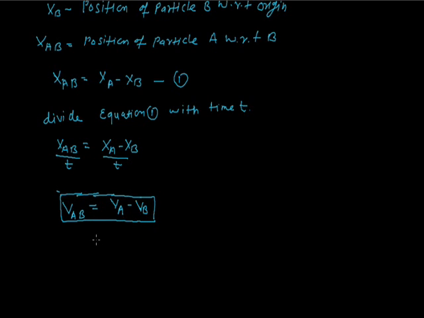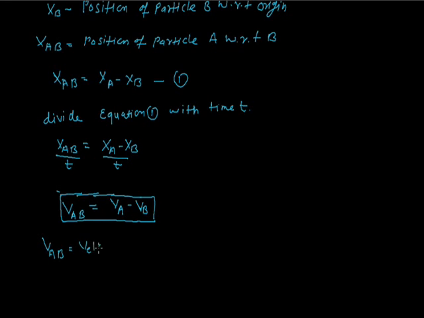So we get the formula: if we have to find the velocity of A with respect to B, it is defined as the velocity of A with respect to origin minus the velocity of B with respect to origin.